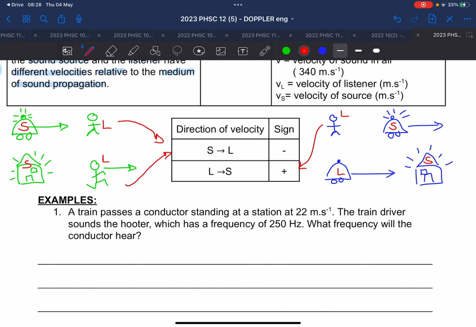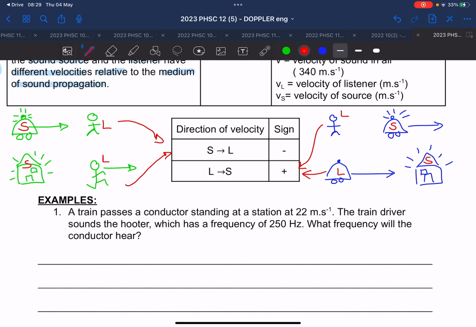So the policeman is inside the car and he's coming towards the house. That siren is going off, because he maybe wants to catch the person off guard. So you can see here the listener comes towards the source. Listener towards the source. So that is why it's also a positive.